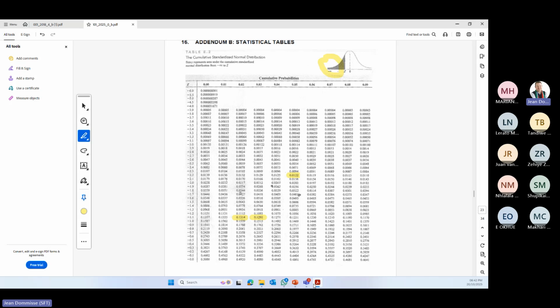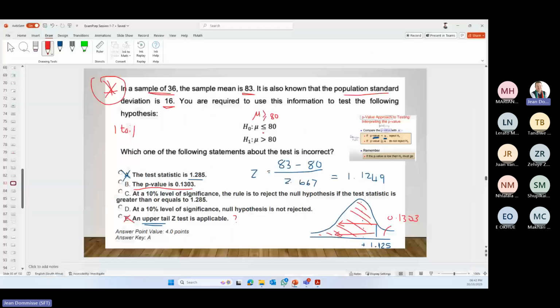Okay, yeah, no, so let's just make a big cross for this one. You guys can go and check it again if you want, but that would also have been wrong for me, because that is not 0.1303.